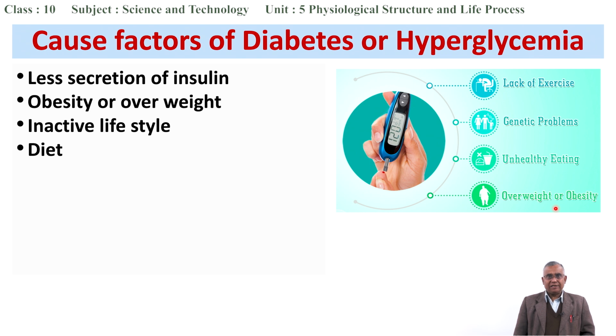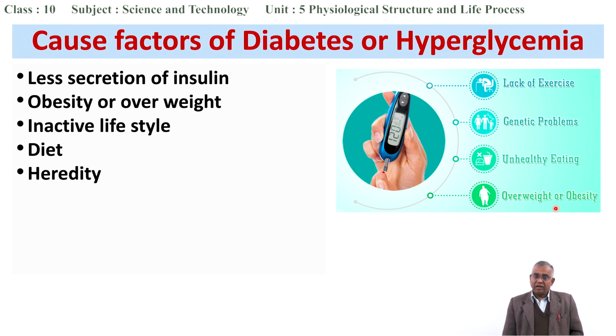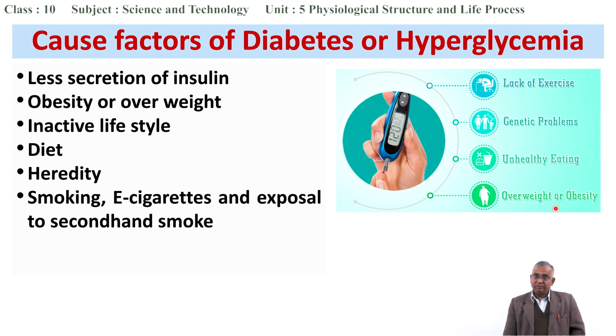The next one is diet. Diet also should be balanced. Nothing more than enough. Next is heredity. If parents have diabetes, in offspring also it may be seen. So it may be hereditary also. Next, smoking. In a number of diseases, whatever we have learnt till now, we found that smoking is also a risk factor.